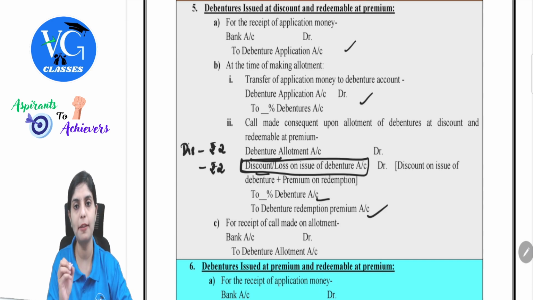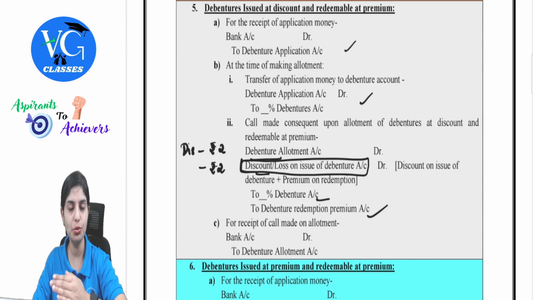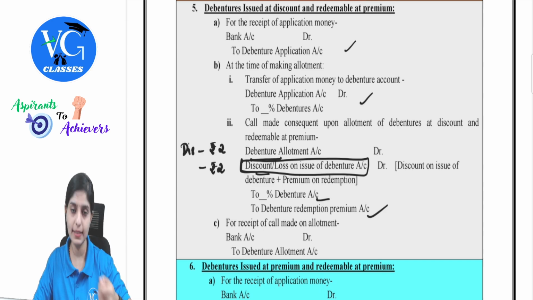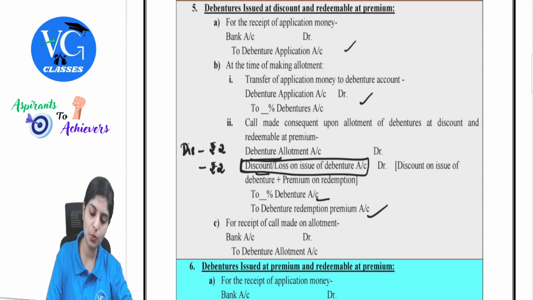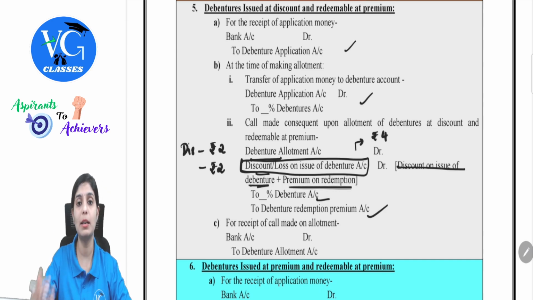Normally, in the journal entry, I would record this as discount on issue, debit, and then loss on issue, debit. Since both are of the same nature, I will record it as one particular amount. So, one particular debit of 4 rupees will go. That's why here, if you observe, there is discount on issue of debenture plus premium on redemption. Both are shown here. Further, for receipt of call made on allotment, bank account debit to debenture allotment account.